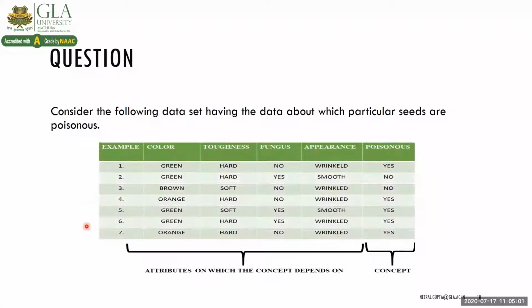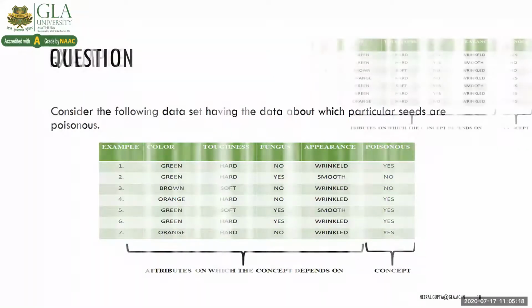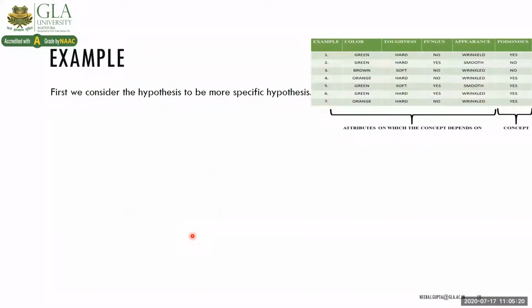We also discussed this question in the previous lecture, and most of you sent the solution to me on WhatsApp. Initially we start with the most specific hypothesis, all null values or phis.